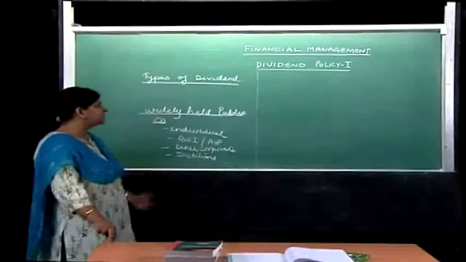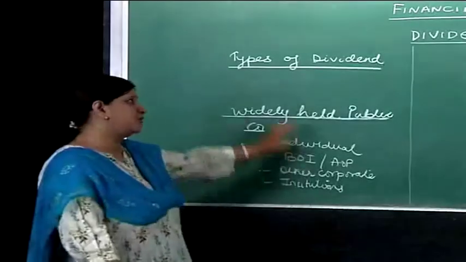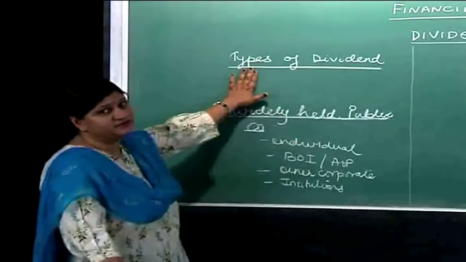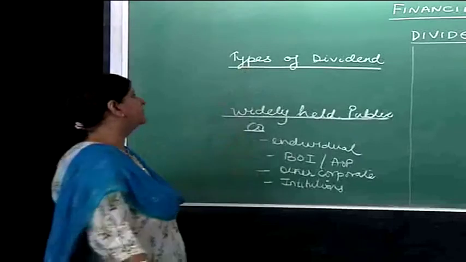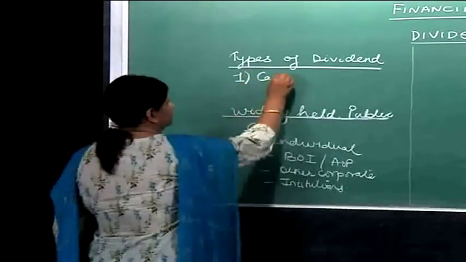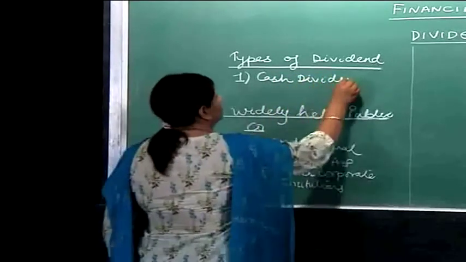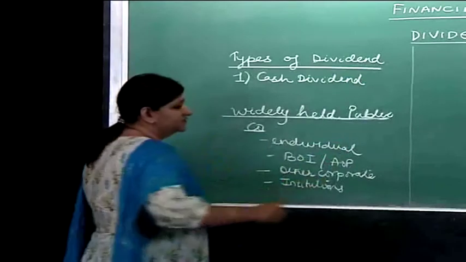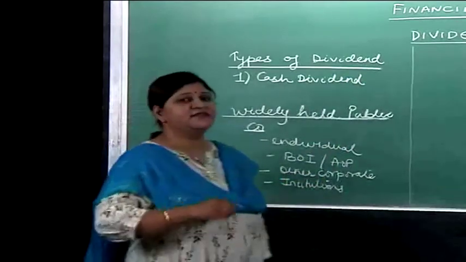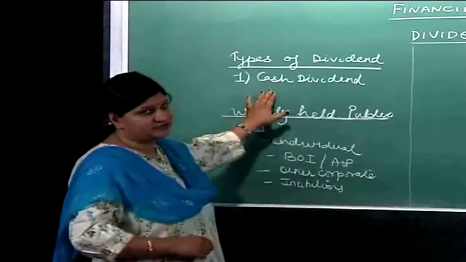When we distribute the dividends, we can distribute in various types. So, now we are discussing the types of dividend. These dividends can be of cash dividend. Cash dividend is that form of dividend in which the dividend is paid either in check or by mode of cash.